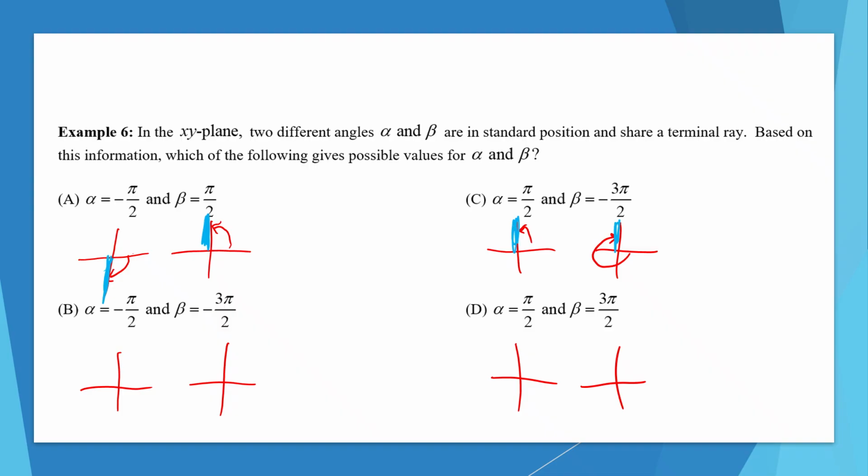If we take a look at C, -π/2, and then -3π/2, and then D, π/2, and then 3π/2, these both also have different terminal rays, so they are not going to be the same. And so that makes B the correct answer for example number 6.